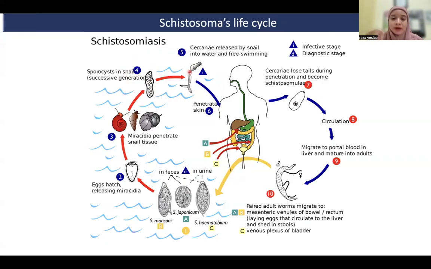Cercaria are active in water, and they will penetrate the skin, which can cause pruritus or rash. After that, cercaria lose their tails during penetration and become schistosomula. Schistosomula will move into circulation, and they will change into adults in the blood in the liver. And from the liver, they will move to the mesenteric venules, rectal veins, or the venous plexus of the bladder.